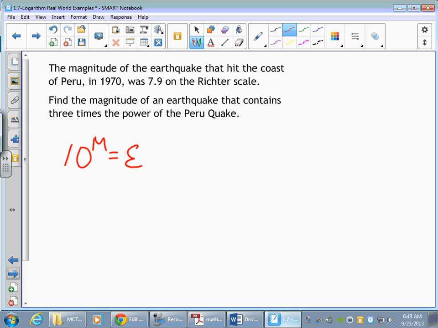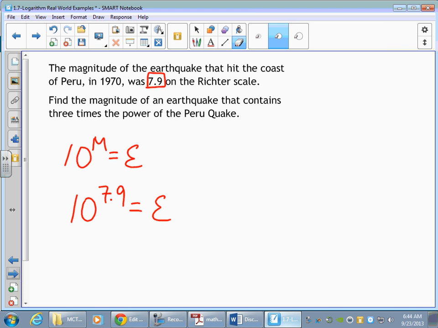This one is taking the extra step, same sort of idea. Depending on what you're given, in this case I'm given the magnitude, you're going to solve it as an exponent, which means I'm going to punch in 10 to the exponent 7.9, and I get a fairly large number.